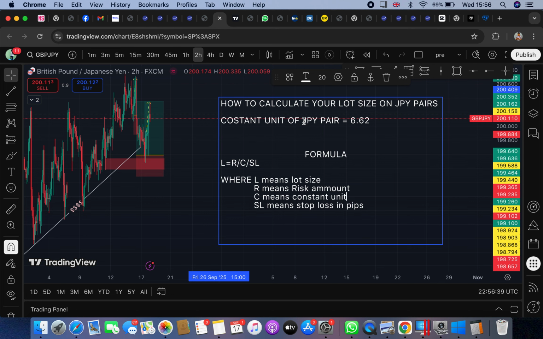I came to realize that some people don't know how to calculate their lot size, which is very bad. Someone sees a setup, or someone calls a trade for you, and instead of using a lot size that determines the amount you want to risk in the market, you start using a random lot size.